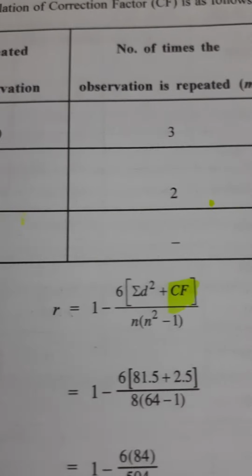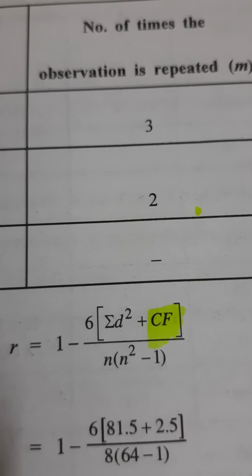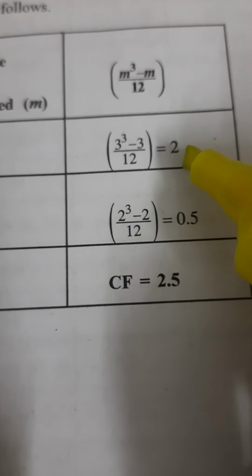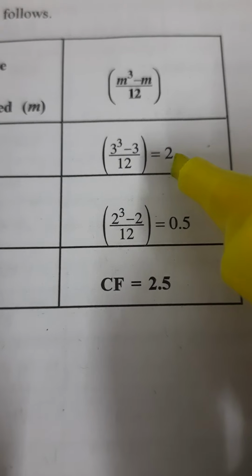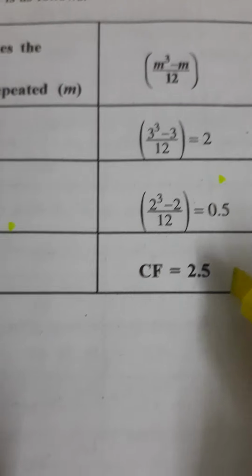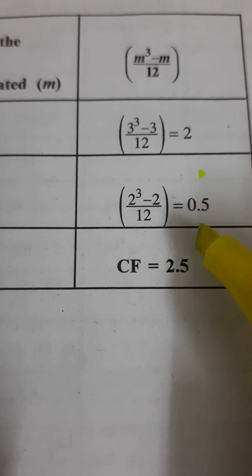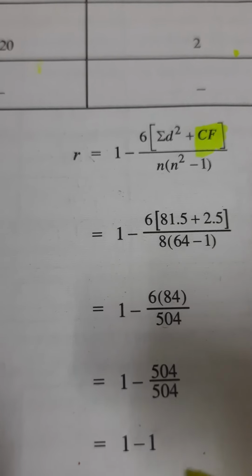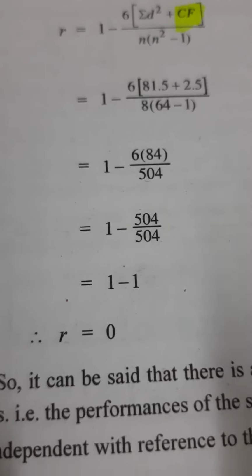So these are two variables, x and y, and so we find m cube minus m upon 12, which is equal to 3 cube minus 3 upon 12, which is 2, and 2 cube minus 2 upon 12, 0.5. Add up these two values, we get 2.5. And then come to the equation, CF is added there, and then you get the value as 0. R equals 0 here.